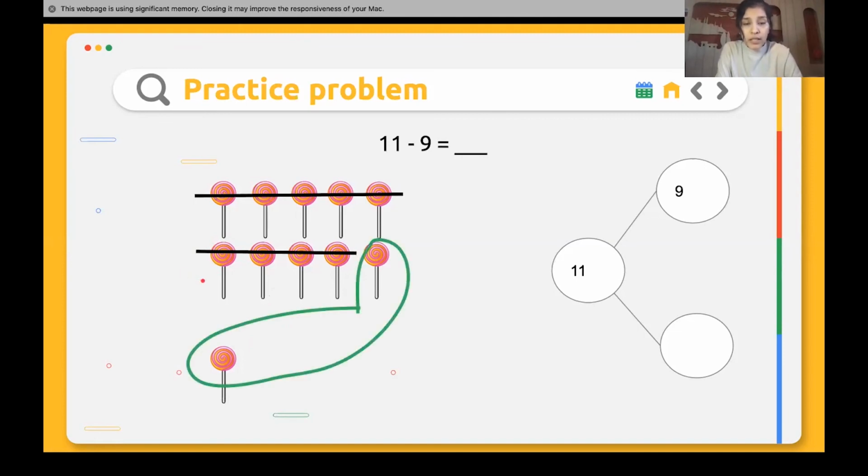And we have how many lollipops left? Yeah, 2. So 2 plus 9 makes 11. So the number bonds of 11 are 9 and 2. When you decompose 11, you can have 9 and 2. So 11 minus 9 equals 2, because you only have 2 left.